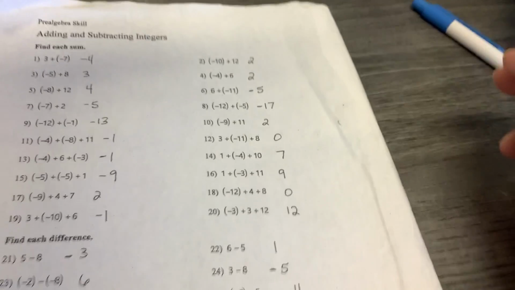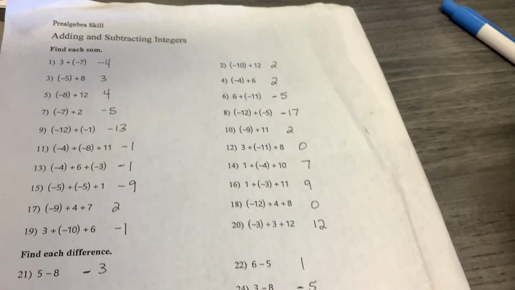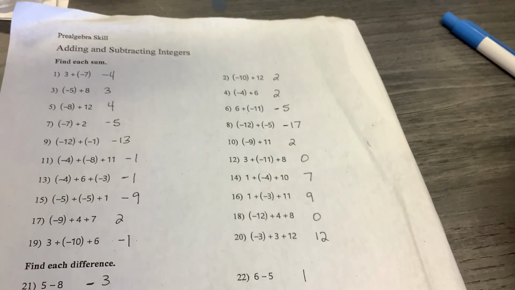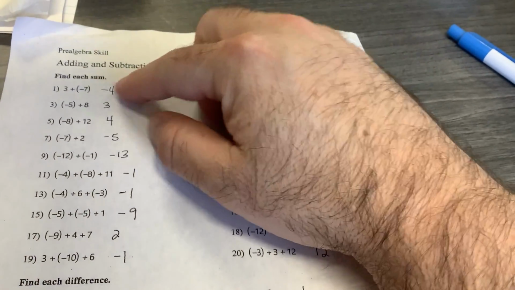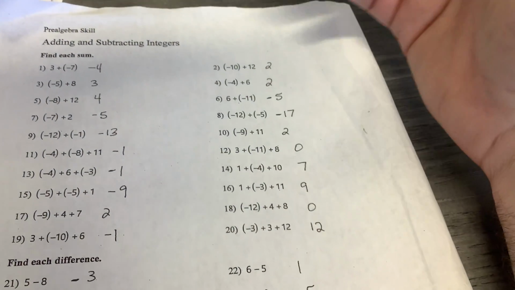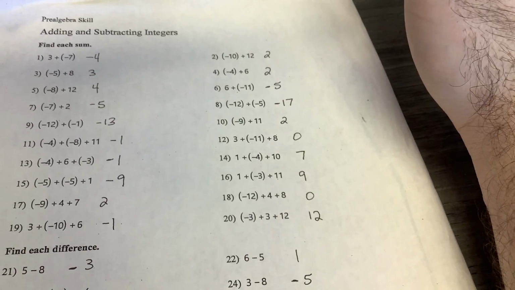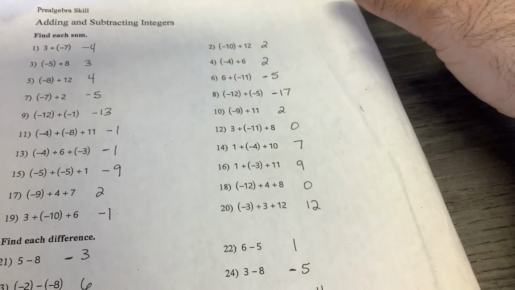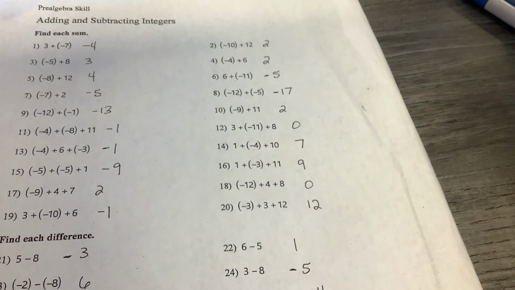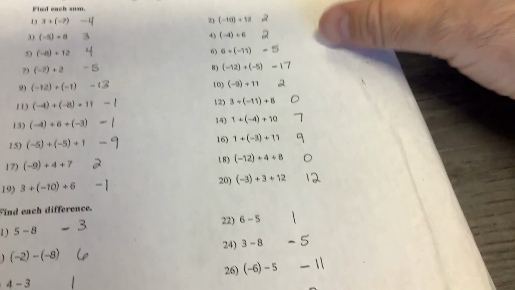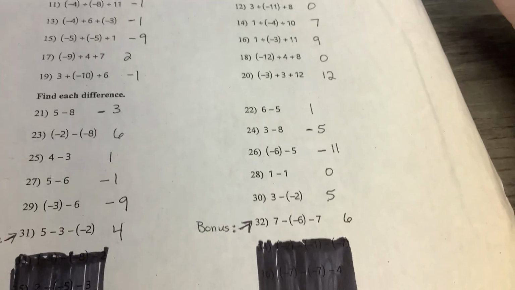Here are the Unit 1 test answers, and like I said, you can check. This is the first half: 3 plus negative 7 is negative 4, negative 5 plus 8 is 3, and so on. So these are all the first ones, so you can pause it if you want to check, and then this is the second ones.